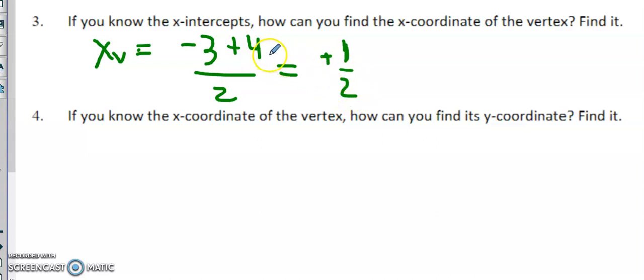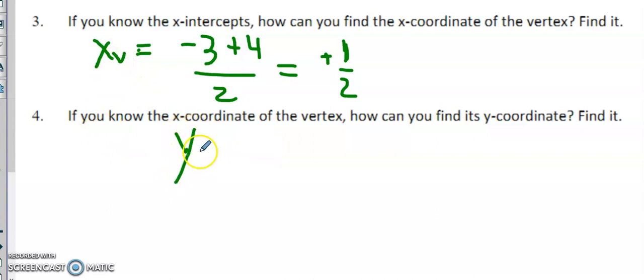So 1/2 is 3.5 away from 4, and 1/2 is 3.5 away from -3. So it exactly splits it in half. It's kind of like thinking about taking 2 test scores and trying to find your test average. You add the 2 numbers together and you divide by 2, and that will tell you the value that's exactly between those 2 numbers. Alright, so now we have the x value of the vertex.